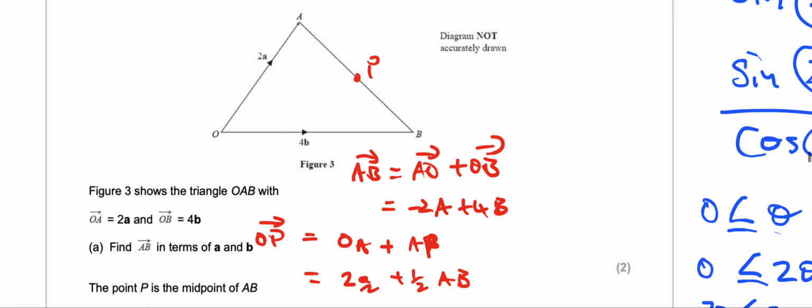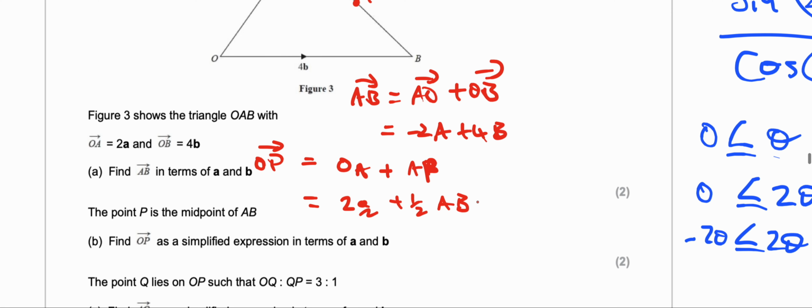Yeah, because it's a half of the way from A to B. So that's going to be 2a plus a half of this, so minus a plus 2b. Yep, so half of AB. So that's going to be a plus 2b.